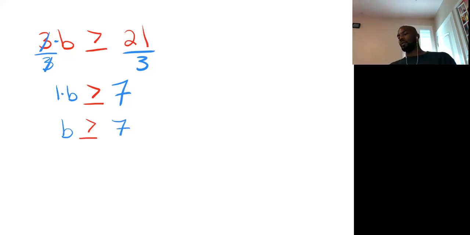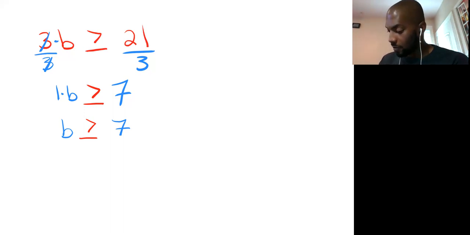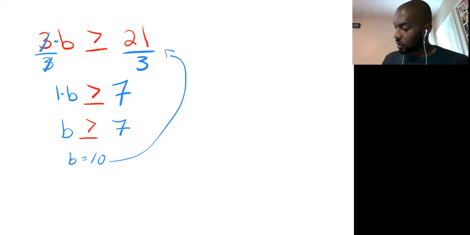7. Let's pick a number that's bigger than 7. I'm going to use 10 because that's an easy number. If b is 10, does the original equation work? The original equation was 3 times b will be greater than or equal to 21. I chose 10 for b, so 3 times 10.